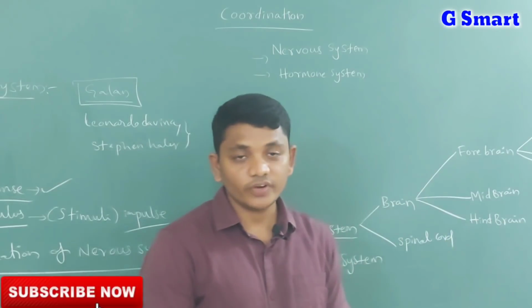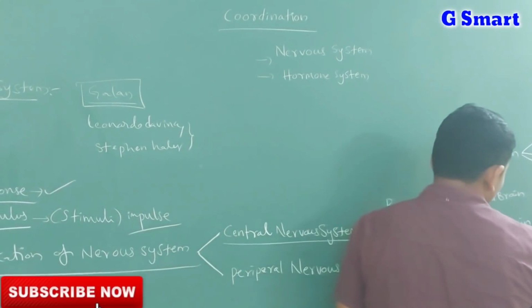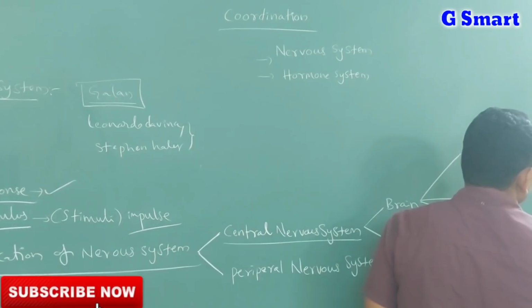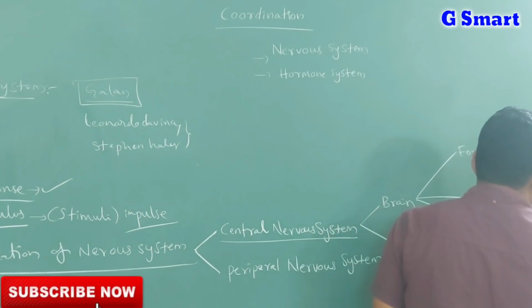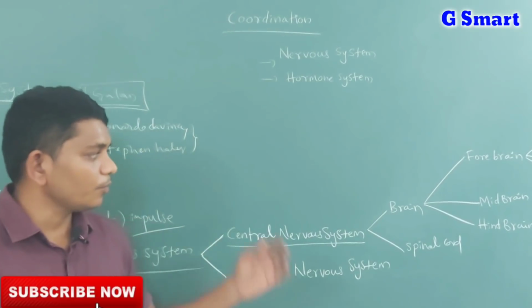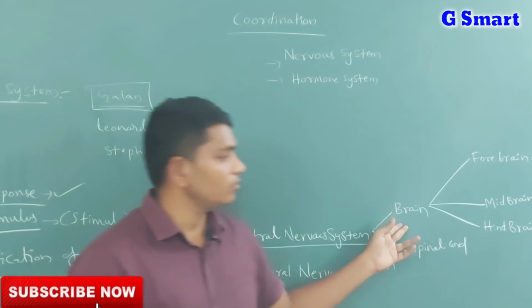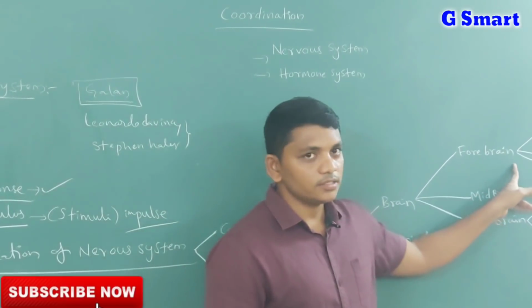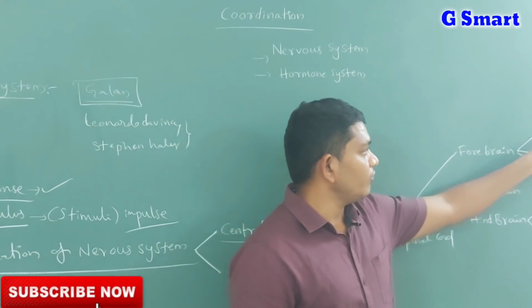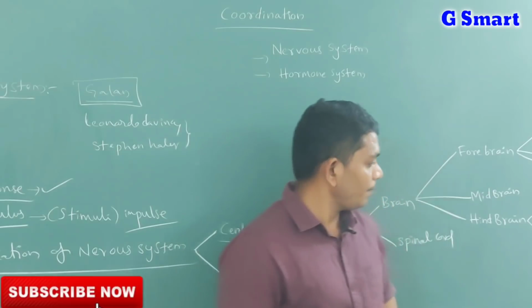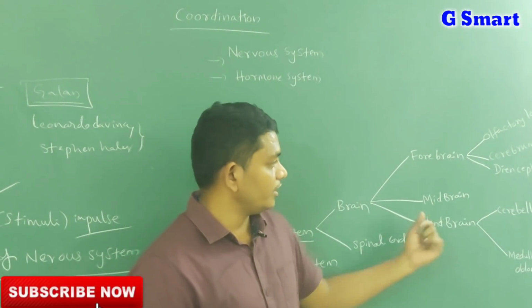Hindbrain is also classified into two types, that is cerebellum and medulla oblongata. These are parts in the brain. Brain is classified into three parts: forebrain, midbrain and hindbrain. Forebrain has olfactory lobes, cerebrum and diencephalon, and cerebellum and medulla oblongata are parts of hindbrain.